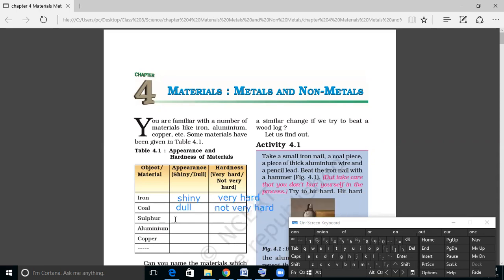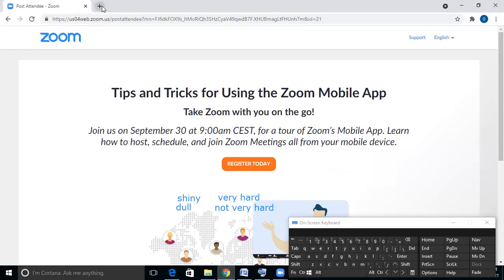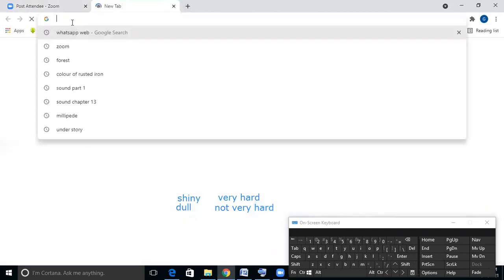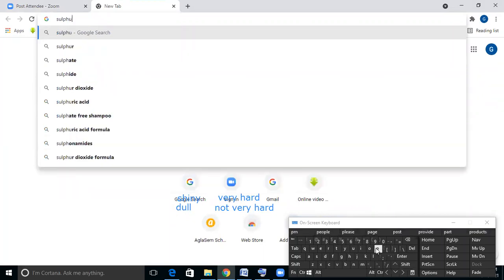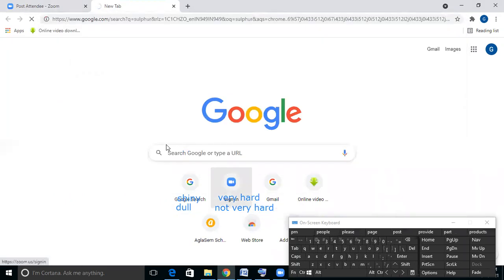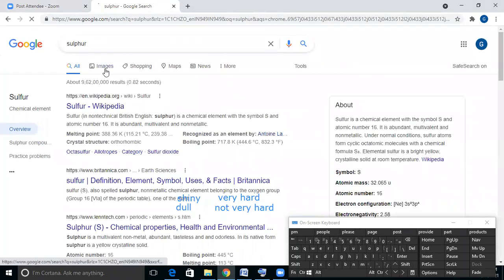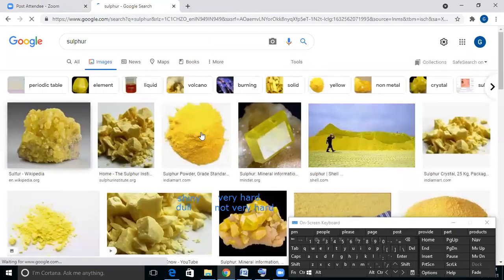Then again, if we see sulfur, so in case you all have not seen the substances, I'll just show you all. We have sulfur. So if you see this, it is a yellow powder.